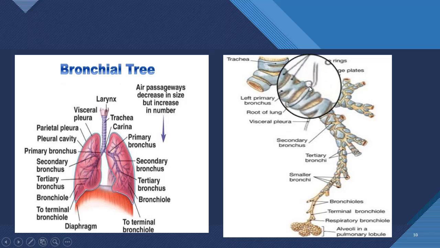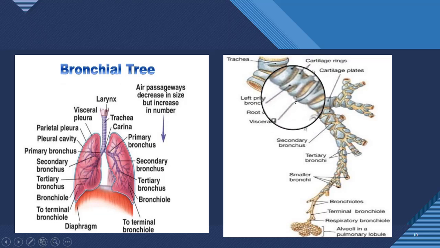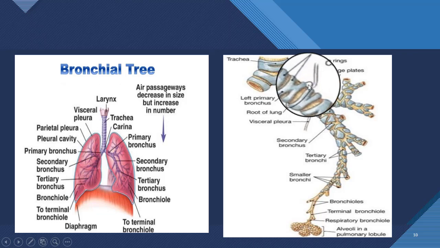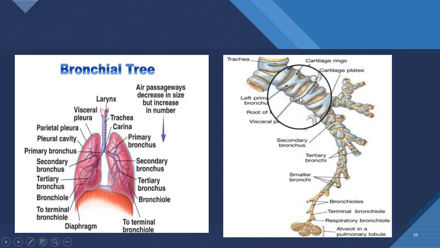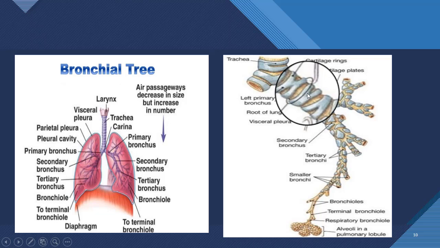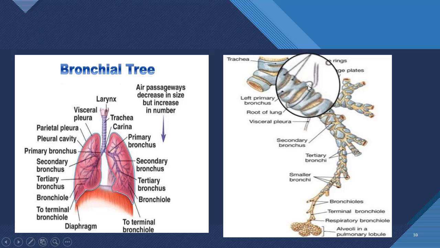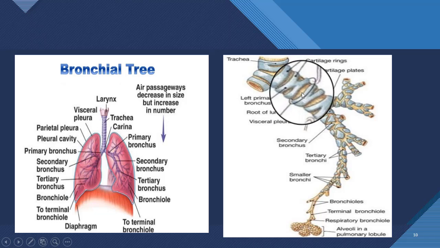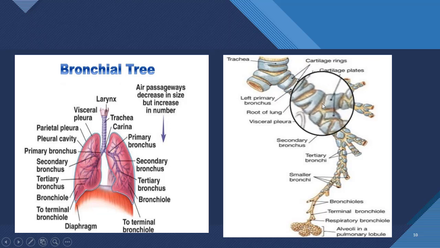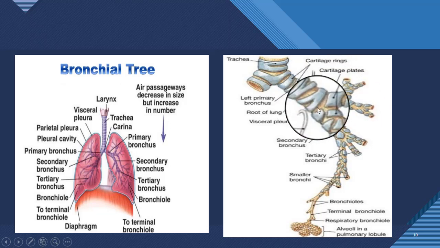Inside the lung, they divide to form lobar bronchi. Each lobar bronchus is then further divided into several territories, that is segmental bronchi. Each segmental bronchus provides air to the bronchopulmonary segments, and these bronchopulmonary segments are the structural and the functional unit of the lungs. Very important.